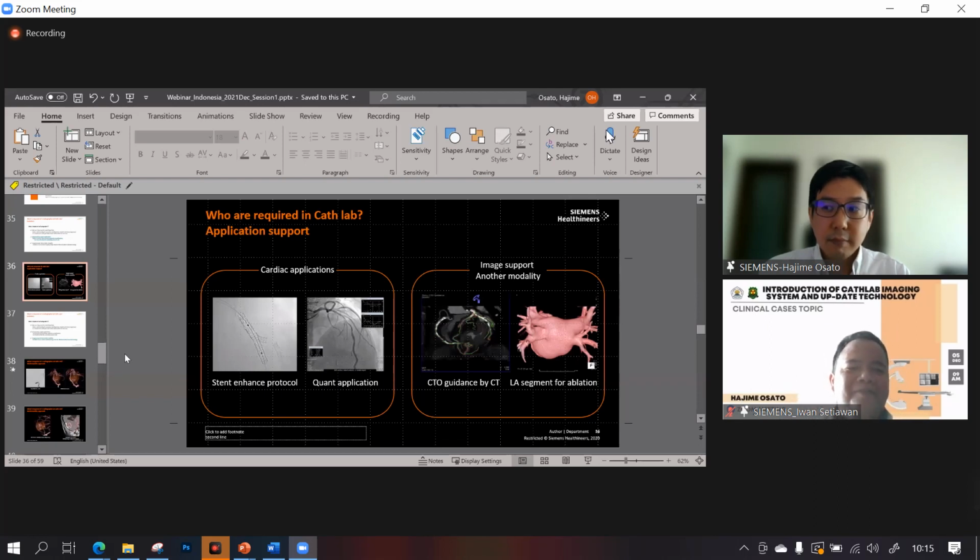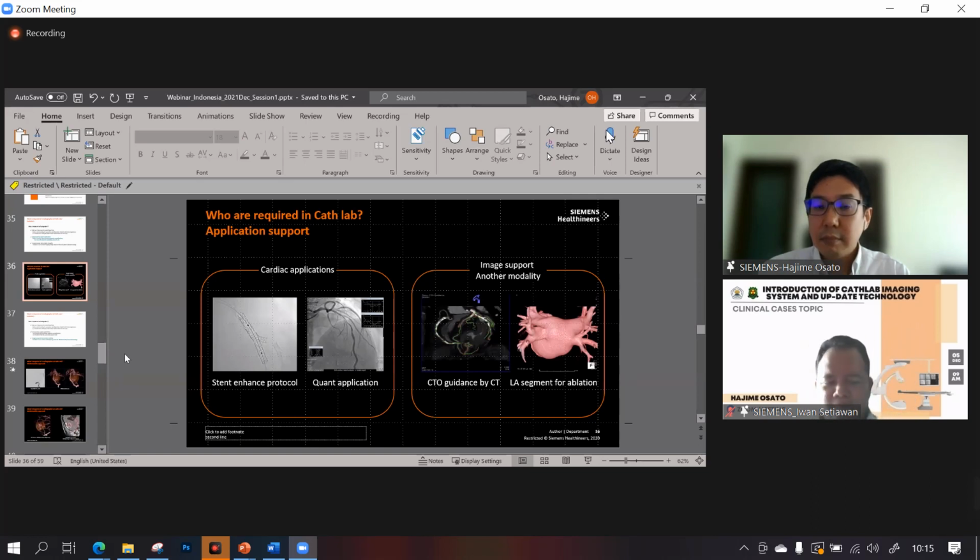I want to hear your opinion: is it necessary for academies to open a new class or a new major to study interventional angiography for radiographers, or is it enough to put it in the general curriculum as a small subject?